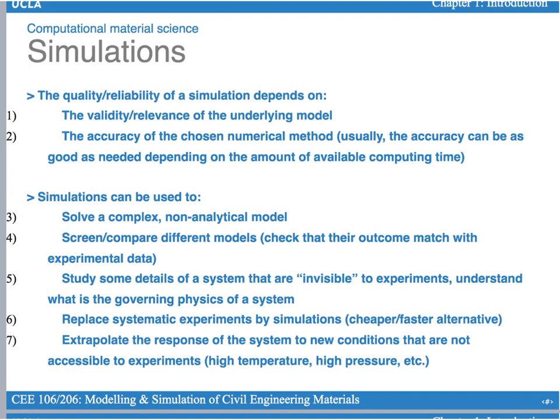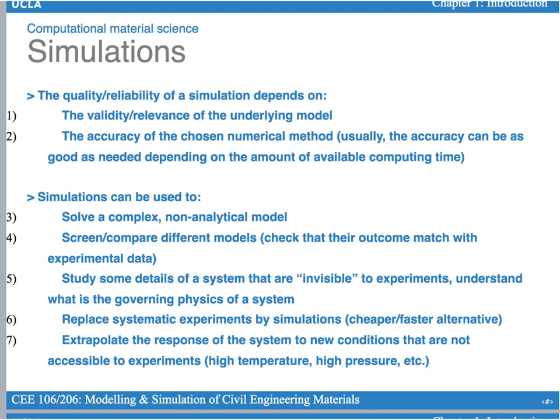The second thing that you can use simulation for is to compare different models. For example, if you want to describe the behavior of certain types of materials under certain types of conditions, you may have different competing models available, based on different approximations, different theories, or different levels of representation of what is important and what is not important.